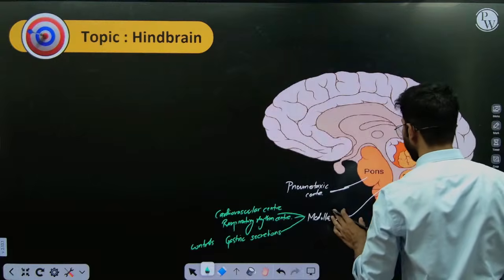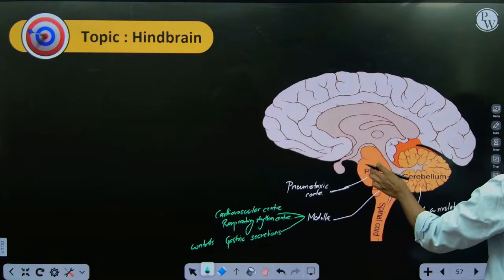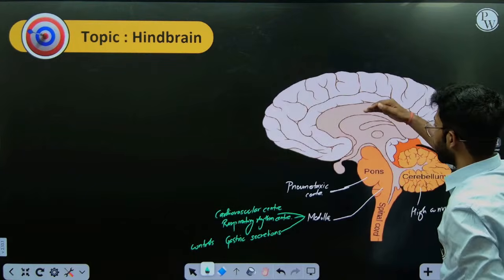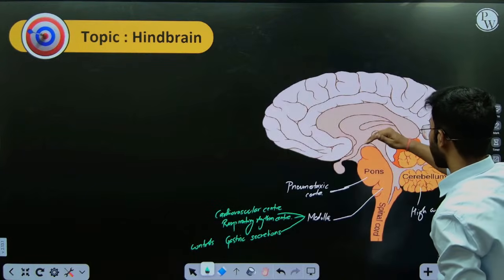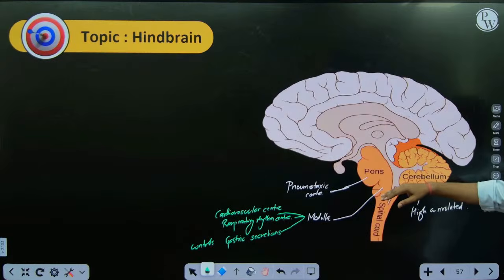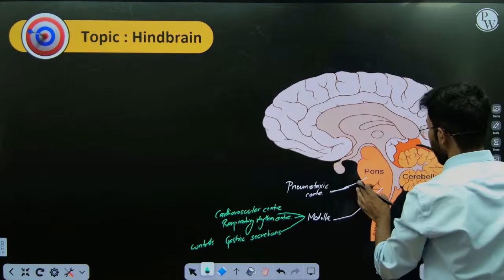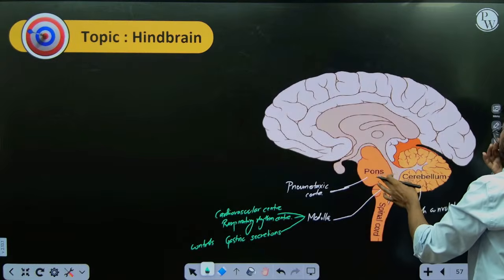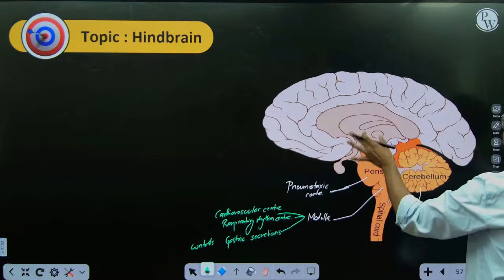So the pons connects the thalamus or hypothalamus region to the medulla, and it interconnects the whole brain.